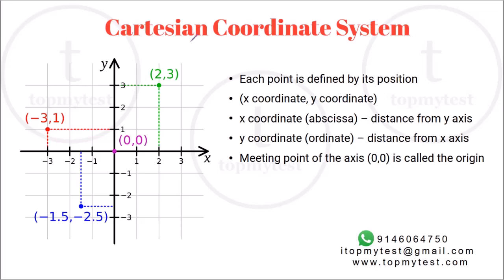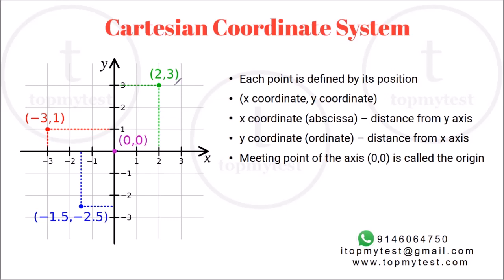The difference between your usual planar geometry and coordinate geometry is that for every point in a Cartesian coordinate system, we have to describe where the point is located with reference to a commonly agreed point called the origin, right?